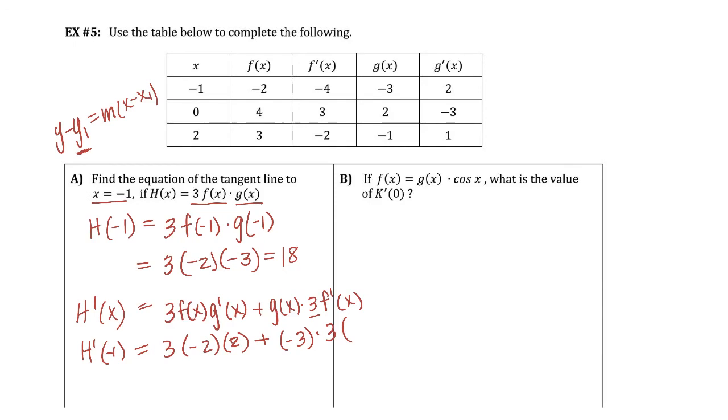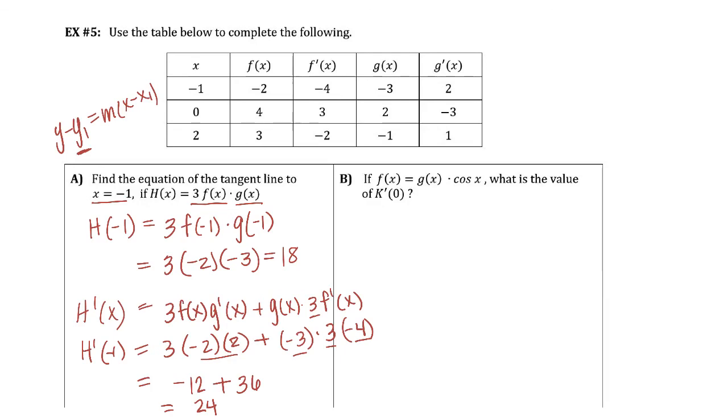So f prime at -1 is -4. So here, finishing out the problem, we have a -4 times 3, so -12, plus, and over here we have positive 12 times 3, so 36. So our slope value here looks like it's going to be 24.